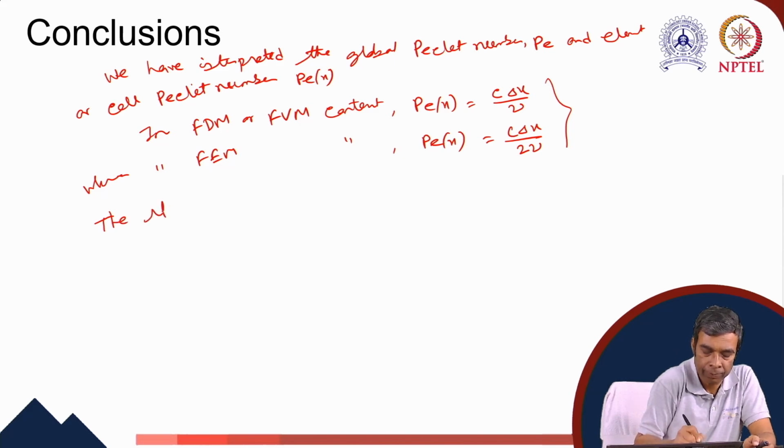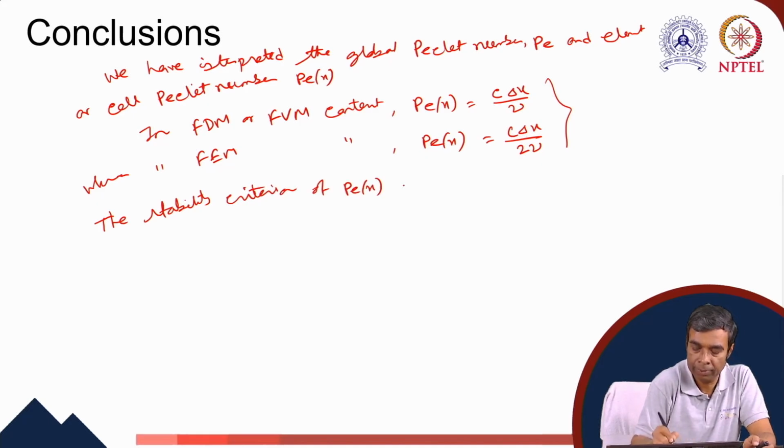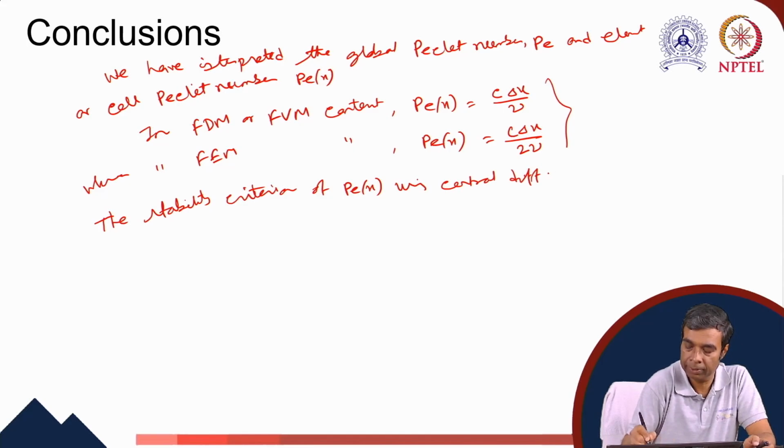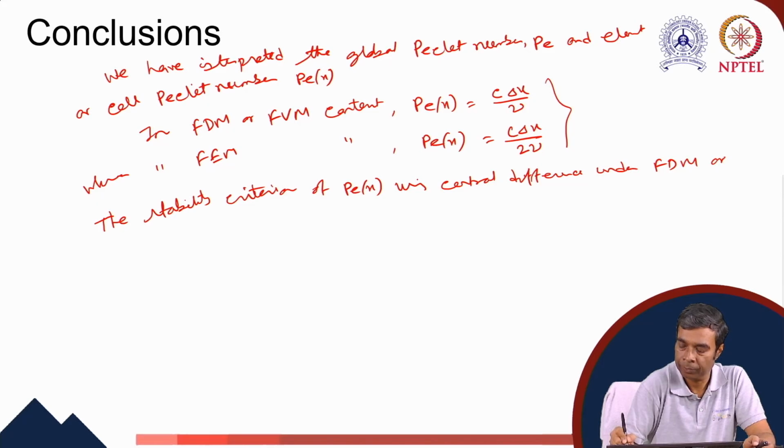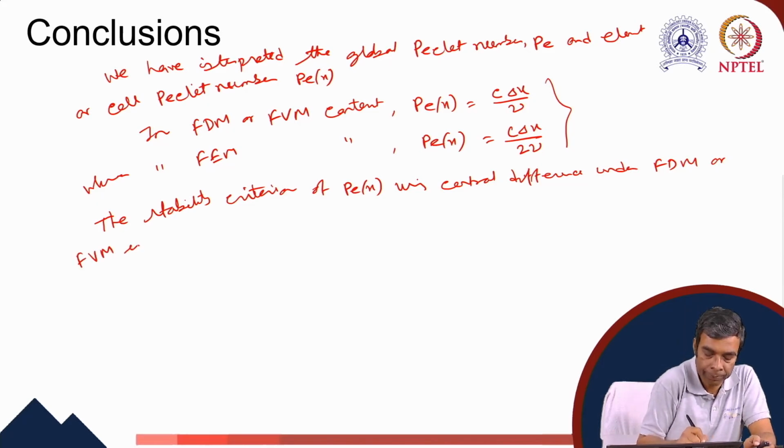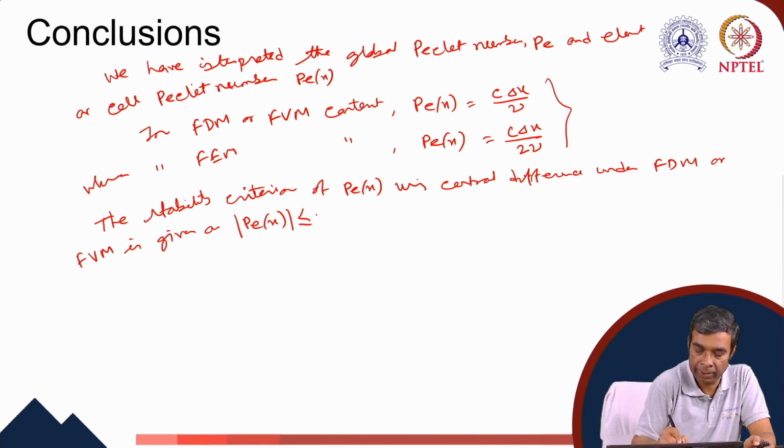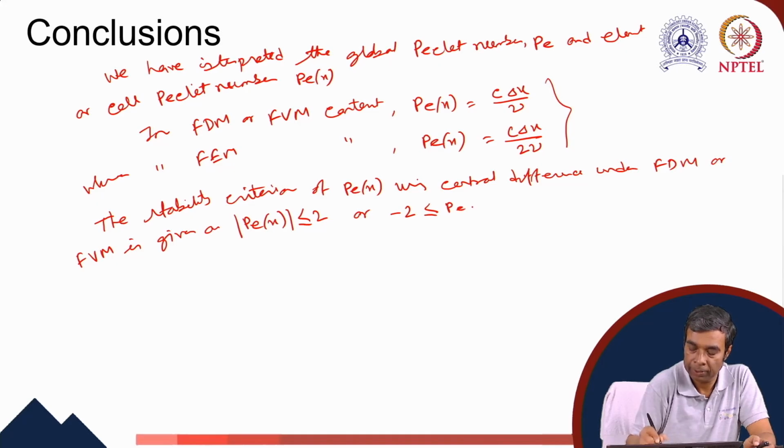The stability criterion of PEX using central difference under FDM or FVM is given as absolute value of cell Peclet number less than or equal to 2, or minus 2 less than or equal to cell Peclet number less than or equal to 2.